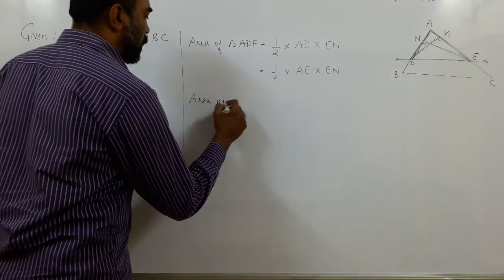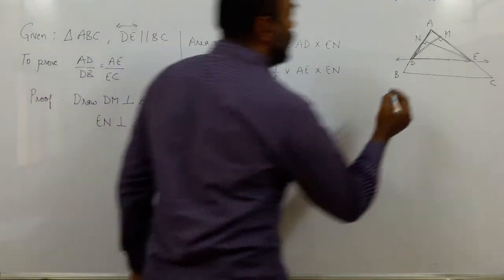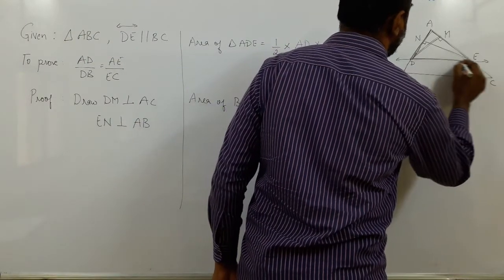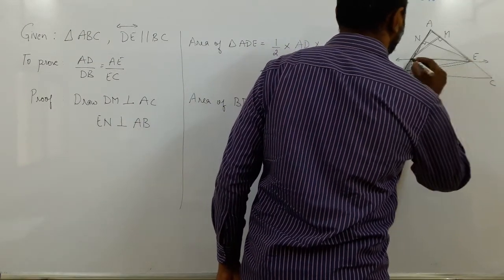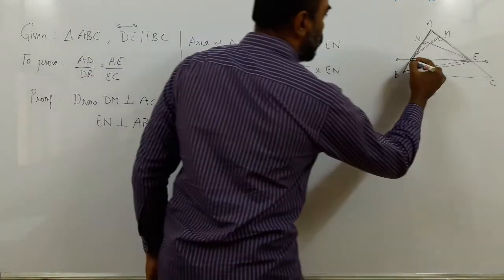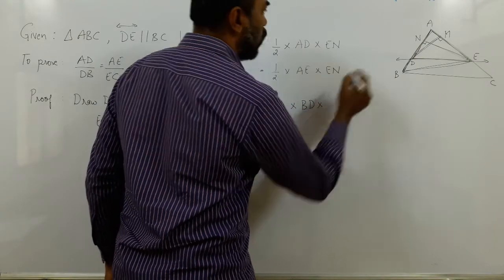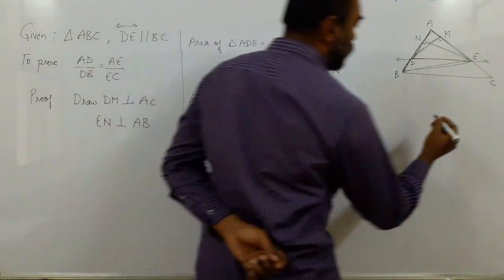BDE is this triangle. So it is half into base. I am taking BD as the base. What is the altitude for BD? So you have to see that.